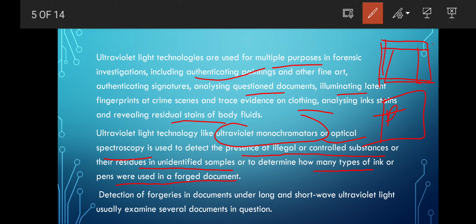So when you are writing, we have certain rules, like everything has uniqueness. Even if you are using the same ball pen, the time or the location, certain things will differ, so they can be identified over here. Then detection of forgeries in documents under long and short wavelength light is usually done on several questioned documents.